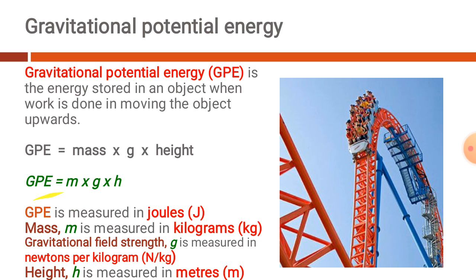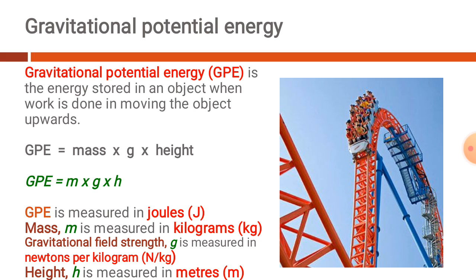The formula is GPE equals m into g into h, where GPE is measured in joules, m is the mass, measured in kilograms, g, the gravitational field strength, is measured in newtons per kg, and height is measured in meters.